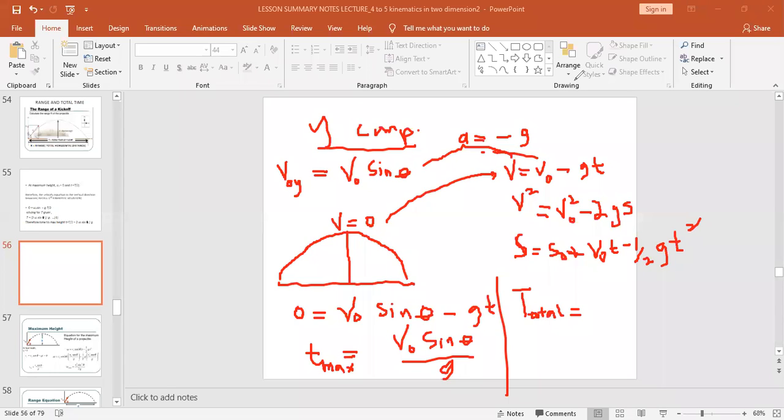Joshua has brought a question: why is G under V sine theta not negative? I think some of you are not following carefully. The reason it's not negative is because we've already incorporated it in the formulas.